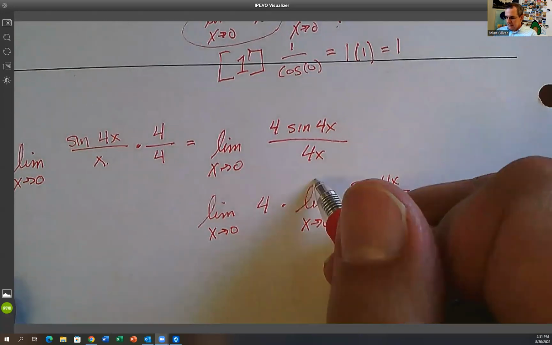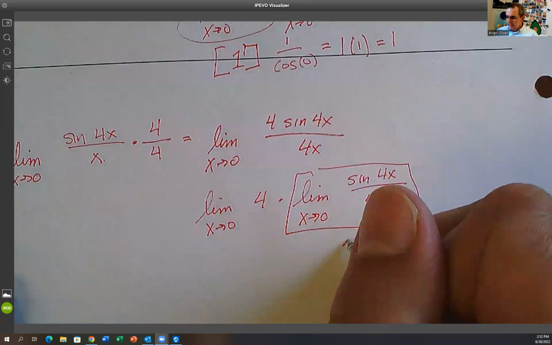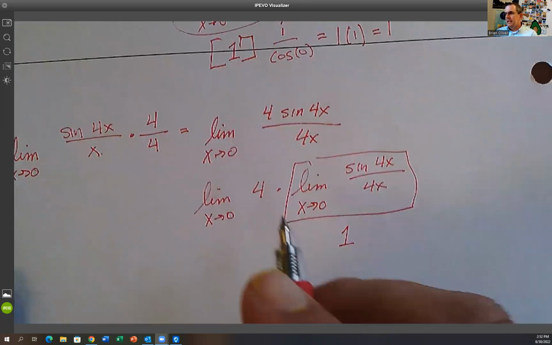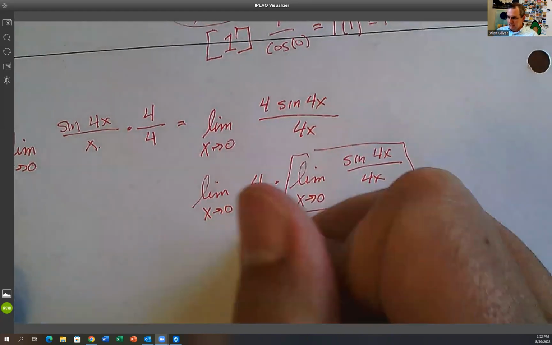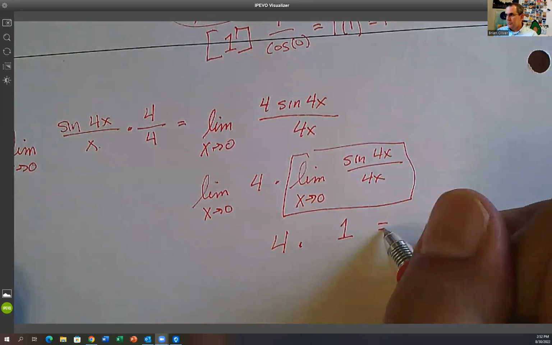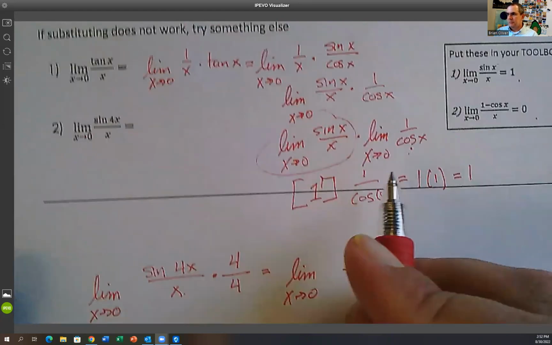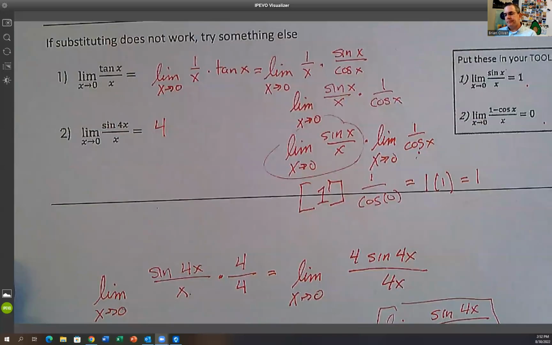This part right here is going to simplify to 1. And the limit of a constant is equal to the constant. So 4 times 1 is 4. That tells me that this limit here is 4.